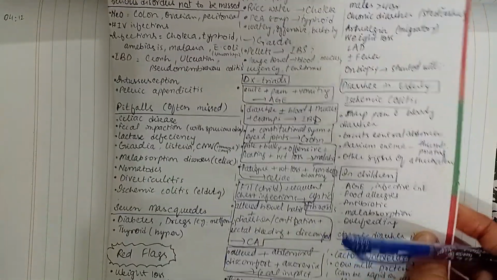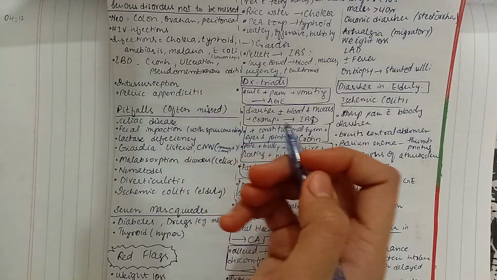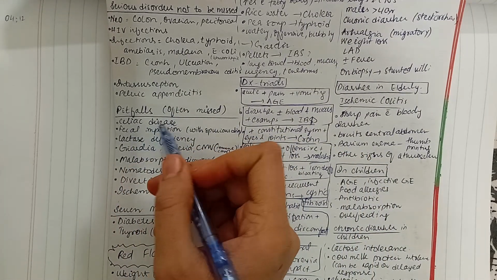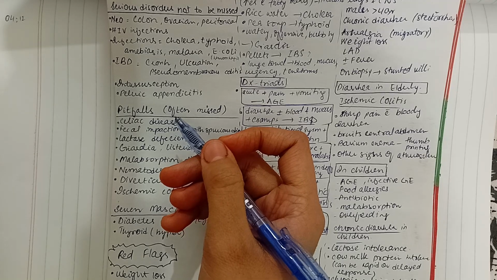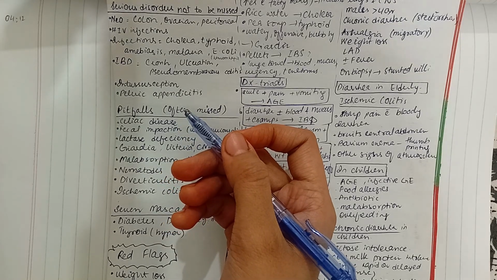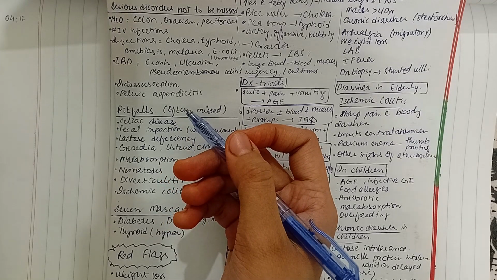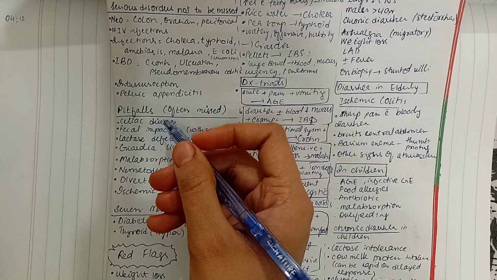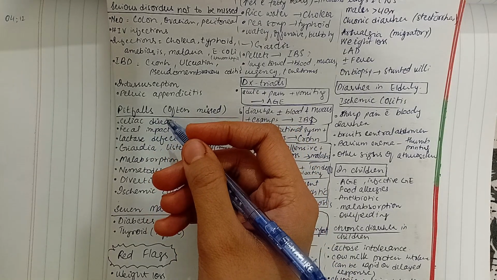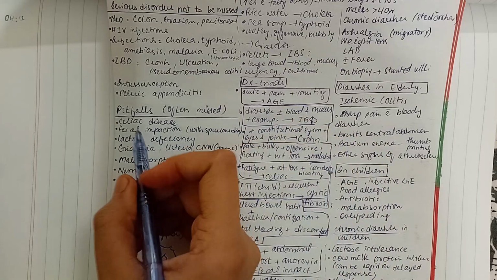Then we have pitfalls, the disorders which often get missed. These can be celiac disease, especially in the patients. It can be suspected if the patient complains of whenever he has wheat and he gets diarrhea. And other systemic manifestations are also there in celiac disease.